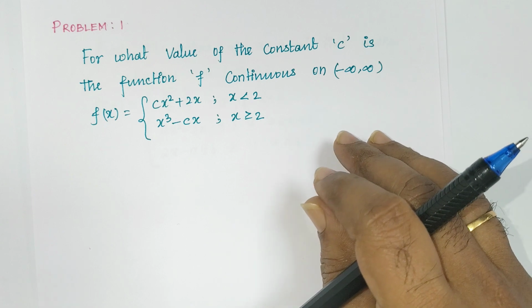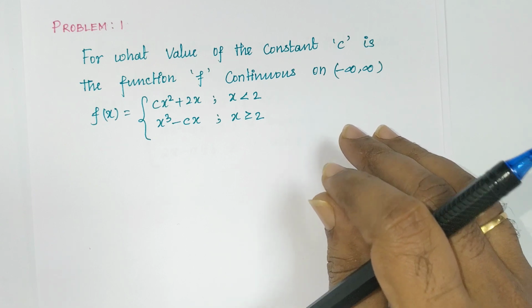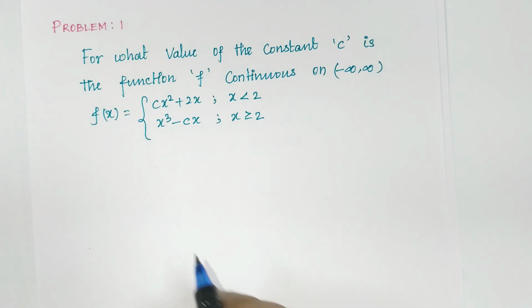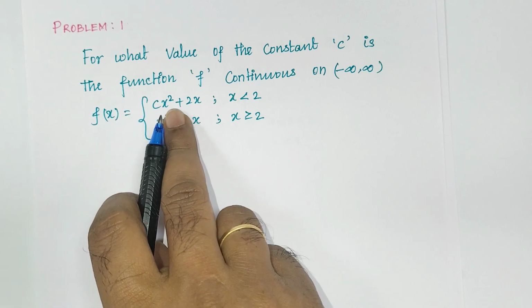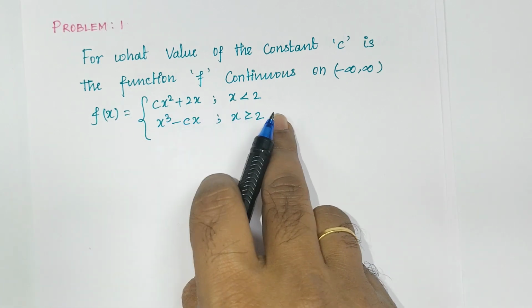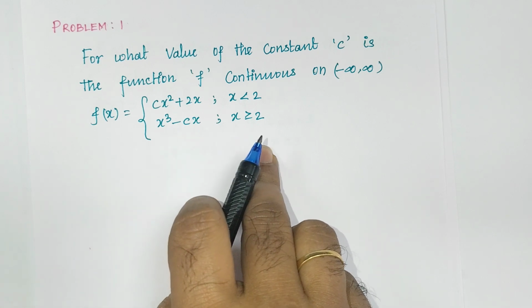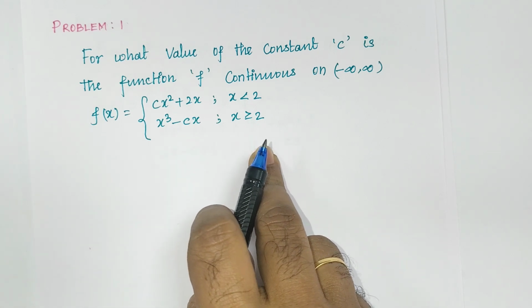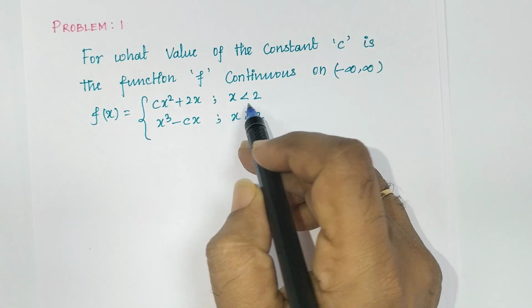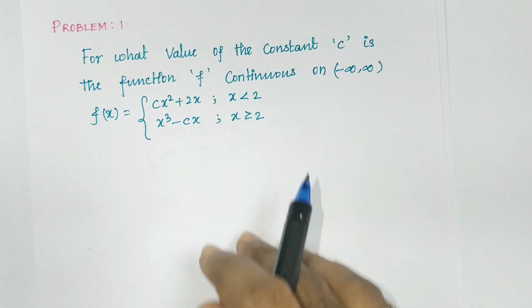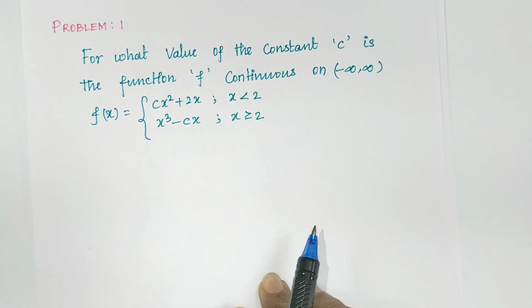The function is f of x equal to c x square plus 2x for x less than 2, and x cube minus c x for x greater than or equal to 2. Don't worry about strictly less than or greater than or equal to; both are the same. We start with 2 itself.